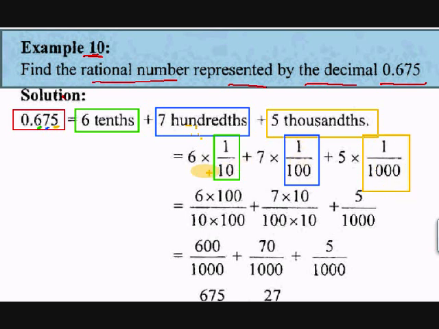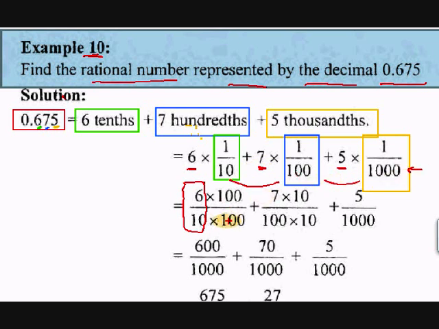Multiplying the appropriate numbers 6, 7 and 5 with their place values, we get 6 by 10, 7 by 100 and 5 by 1000. To make the denominators common, the LCM is 1000.